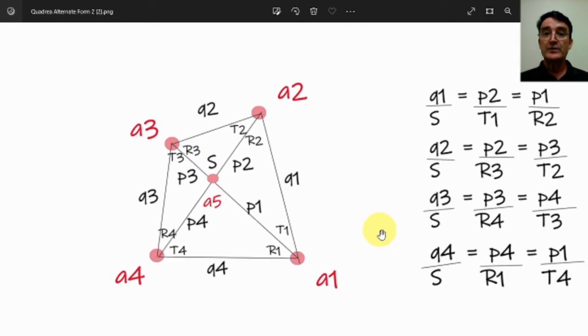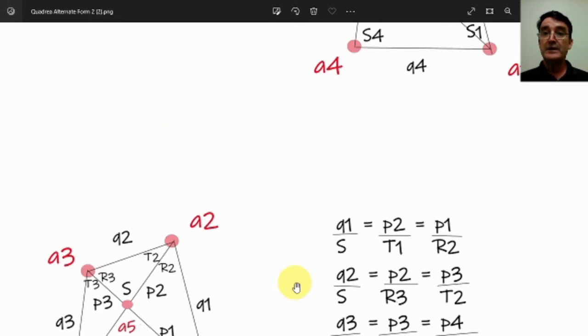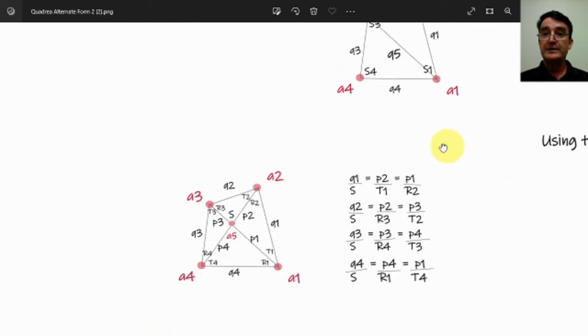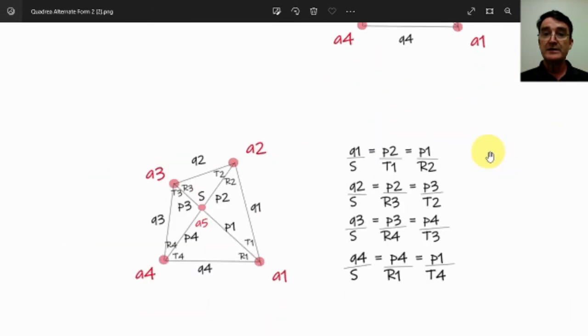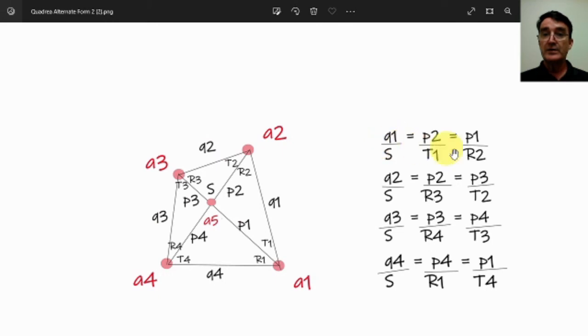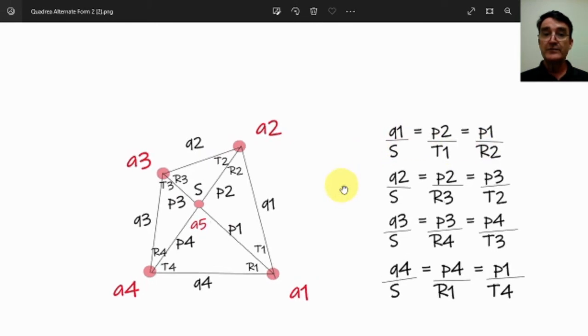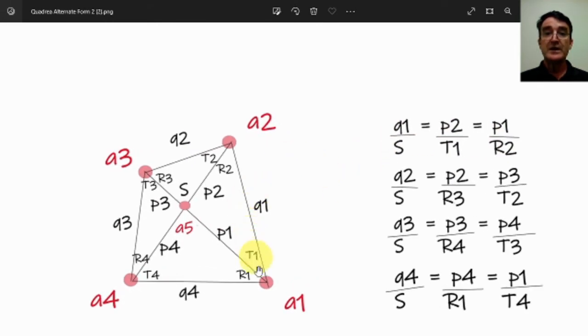Okay, so using the spread law, here are the formulas for the spread law applied to the four different triangles in this triangulation. For triangle A1, A2, A5, the spread law is given here.